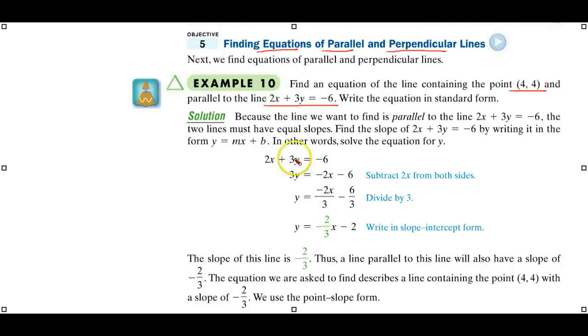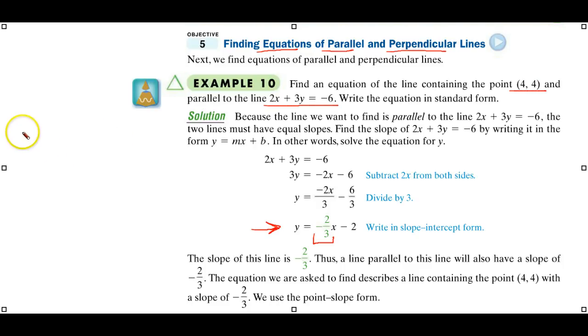So what they're showing here is solving it for y, putting it in slope-intercept form, and thus finding out what our slope is. And then taking this slope, but using this point in the point slope form.